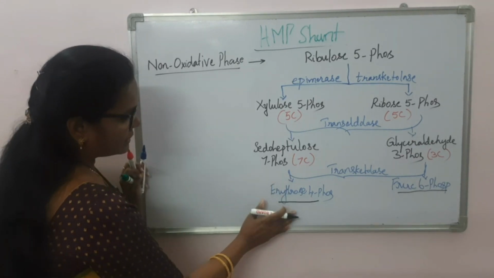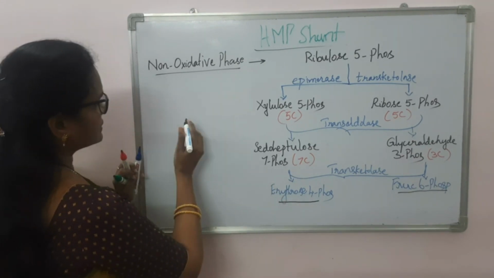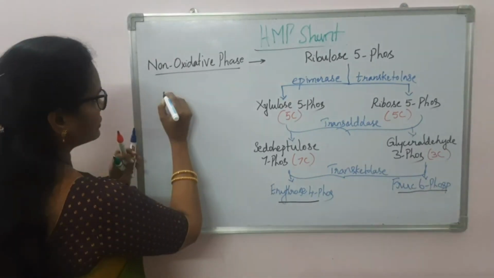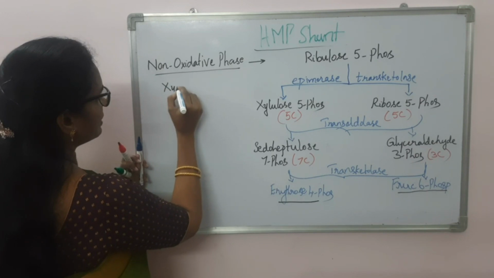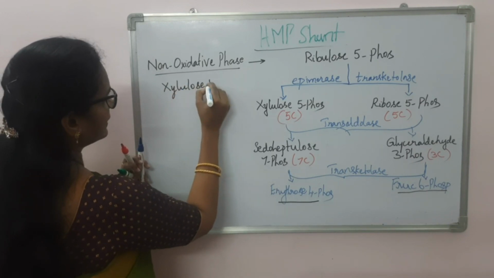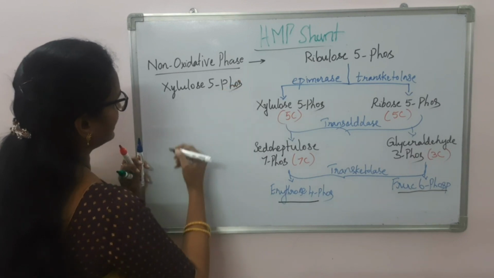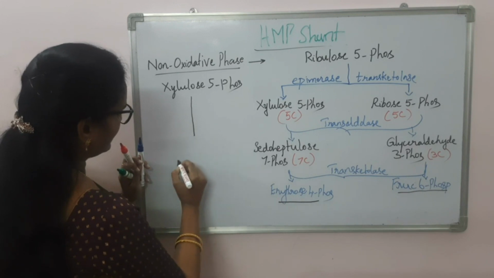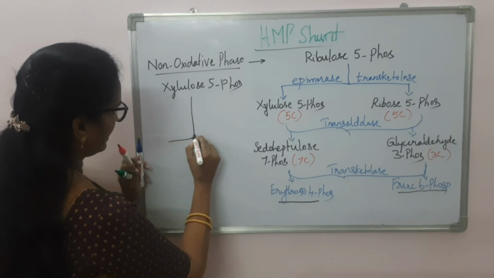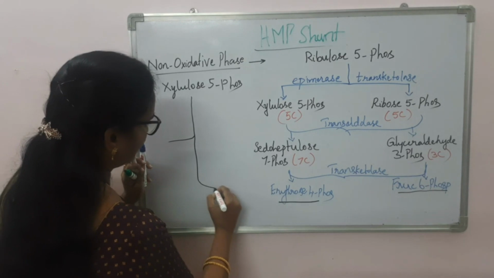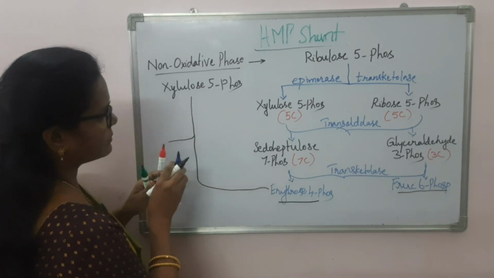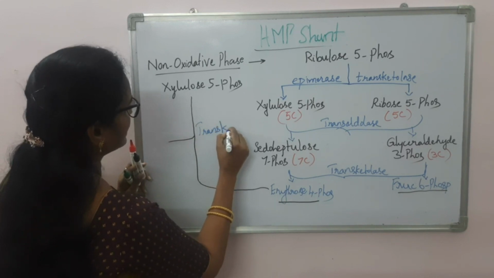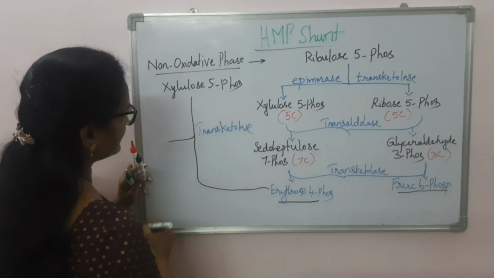And what about this erythrose 4-phosphate? It should be further oxidized. So again, one more molecule of xylulose 5-phosphate participates with the help of transketolase enzyme.